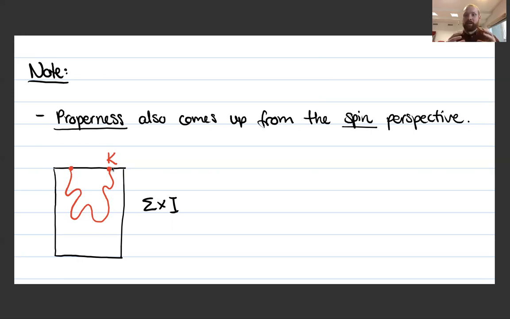So you can just cap it off. And then you have a closed surface with a spin structure, which has an Arf invariant. And that Arf invariant is the Arf invariant of K. That's another way of computing it.